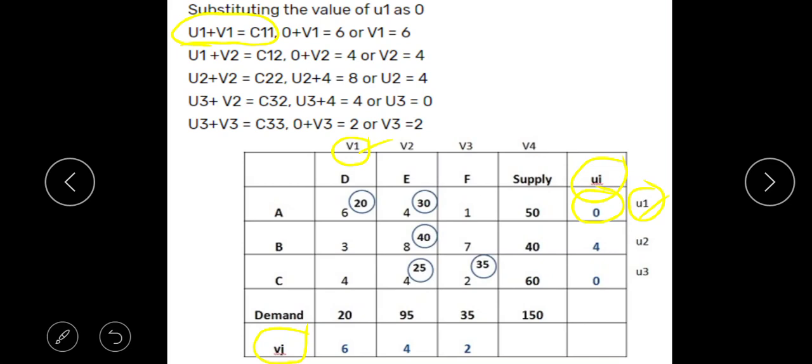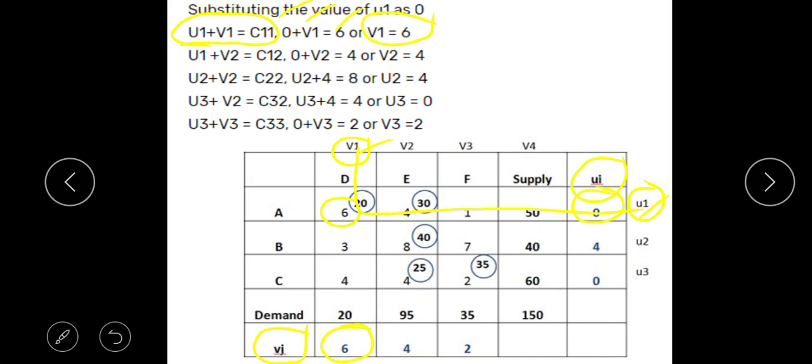I have already told you that the U1 value must always be taken as 0. So here we have taken 0, and as we don't know the V1 value, it is kept as it is. What is the C11 value? The cost of row 1 and column 1 is 6. So 0 plus V1 is equal to 6. So V1 is equal to 6. We have to mention this value here.